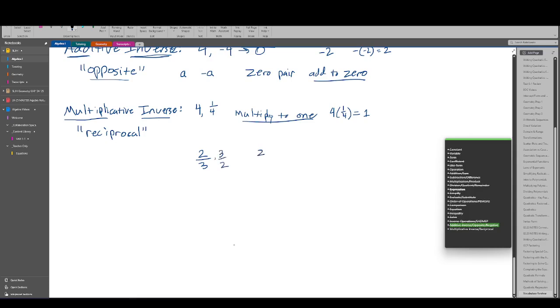And you can see that when we multiply 2/3 times 3/2, we end up with 1, because 3 divided by 3 is 1, and 2 divided by 2 is 1, and 1 times 1 is 1. So reciprocal is an important thing. We use that at several points throughout the year, and remember that it's just the flipped version or the division version of whatever a number is.